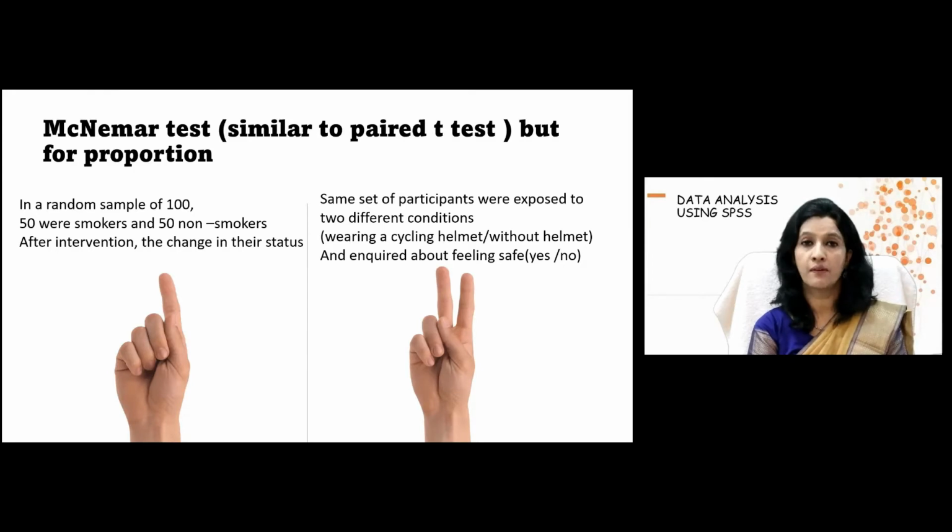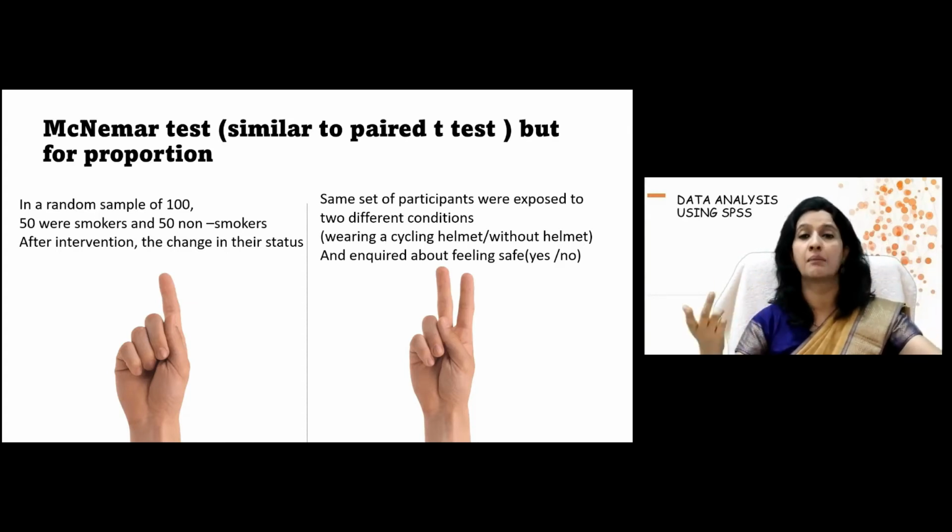And if we inquire whether they felt safe or not, then this is the same set of participants who have undergone two different conditions. And if you take the value of proportion of both these conditions, then I'll apply the McNemar test. So it is just an analogy between the paired t-test and the McNemar.